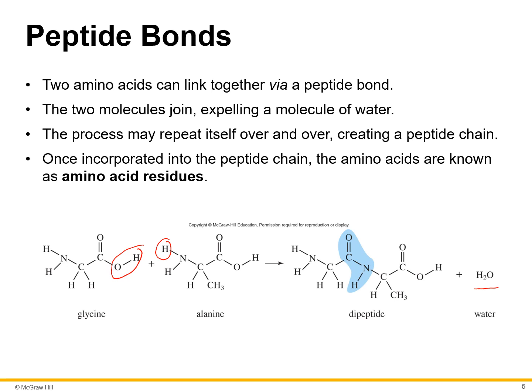So these two will react and give us our water product, and we have a peptide bond forming. And this happens over and over again, and you get these long chains of amino acids. And these are called peptides, which are composed of amino acid residues.